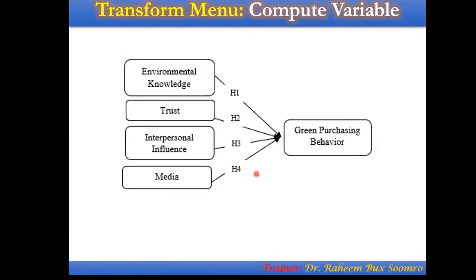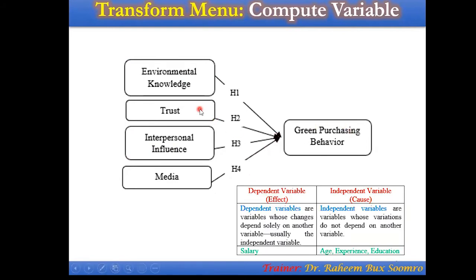Dear friends, normally you have a research model, and I also have this type of model. Here green purchasing behavior is our dependent variable, and environmental knowledge, trust, interpersonal influence, and media are the independent variables, and these are our hypotheses. Now I want to check the impact of all these independent variables on this dependent variable.